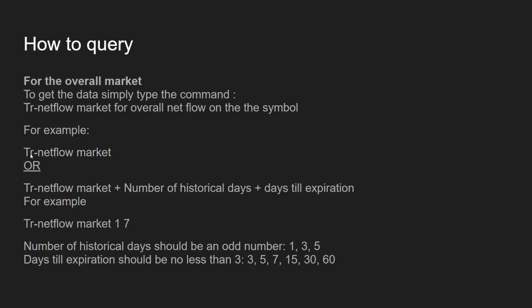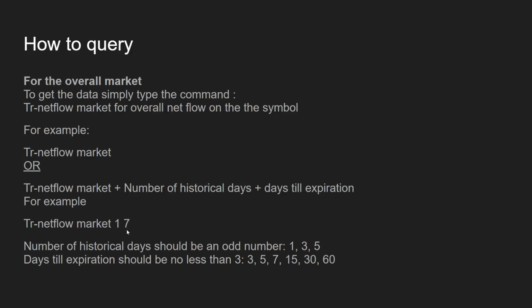Same command, tr hyphen net flow space market. It's going to give you the overall flow for the market, aka for SPY, and you can actually exclude all the further out expiration dates by restricting the command to say, hey, give me the data as of today that was bought that will expire within 7 days or within 15 days or within 30 days.